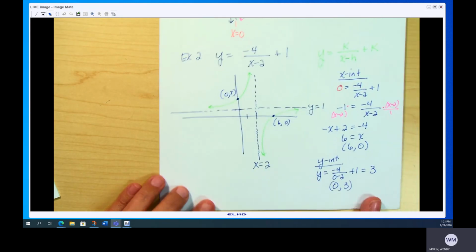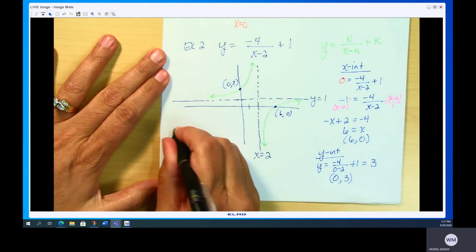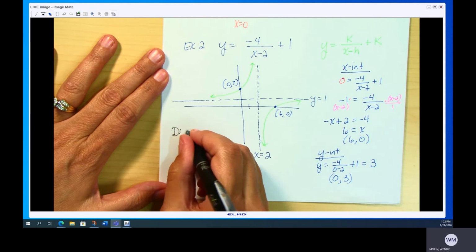So that kind of gives you an idea of where your branches are going to go as well. Okay? Try the domain and the range. Go ahead, and if you want to pause the video, write down the domain and the range. The domain is all reals except 2.